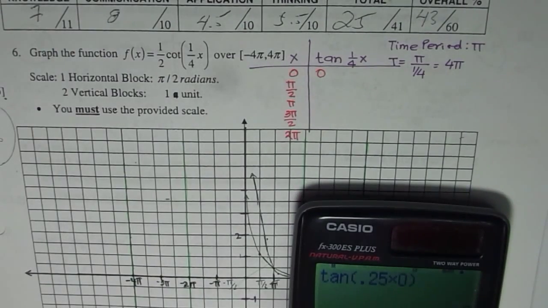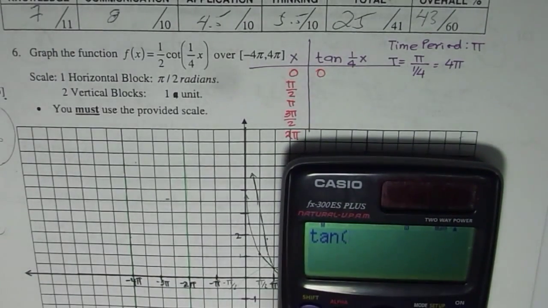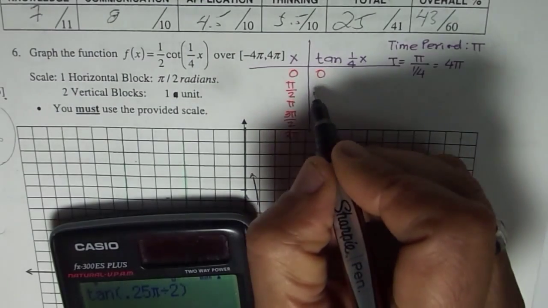So we'll use tan. You can also do these calculations. 0.25 for 1 over 4, then we say pi, and then divide by 2, bracket close, equals 0.414.